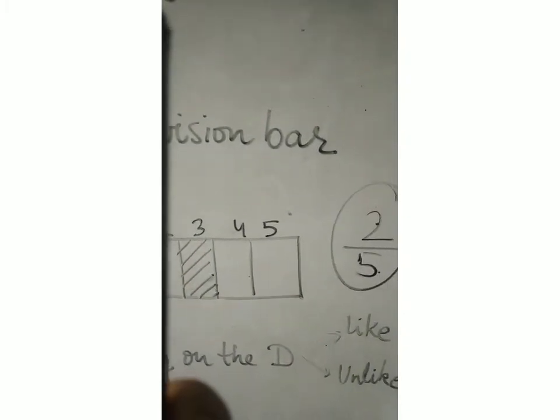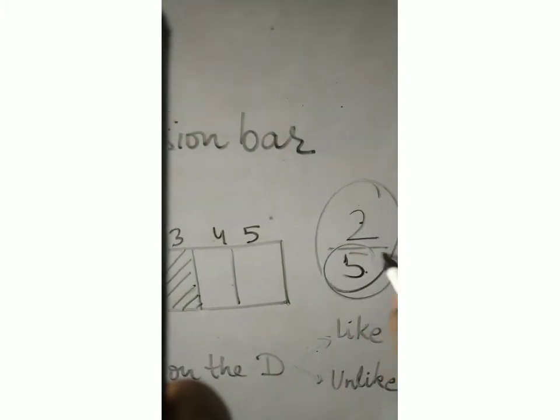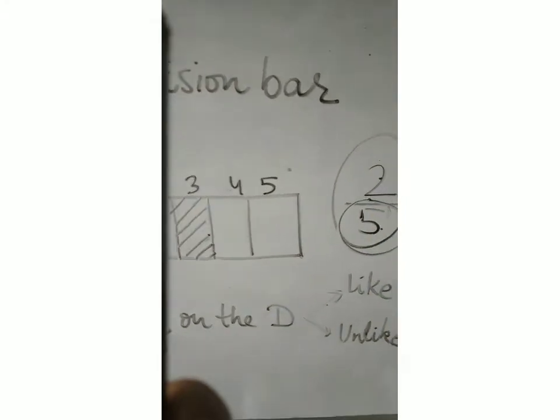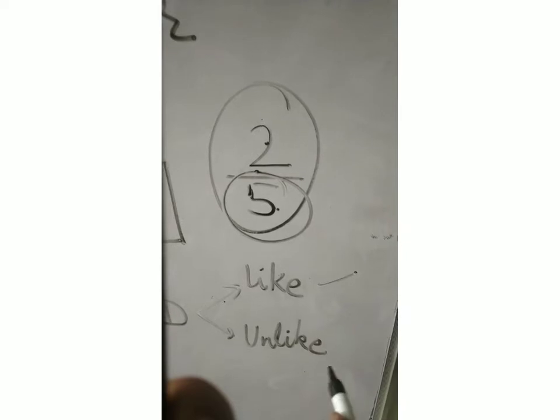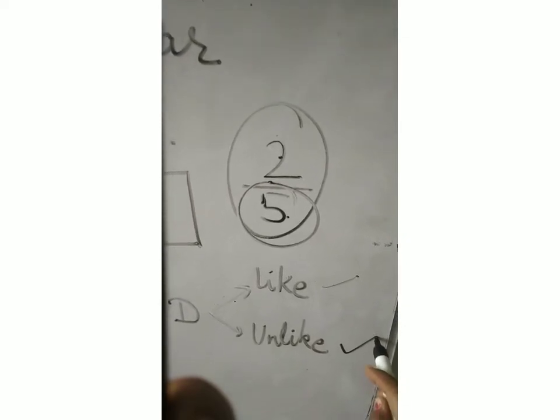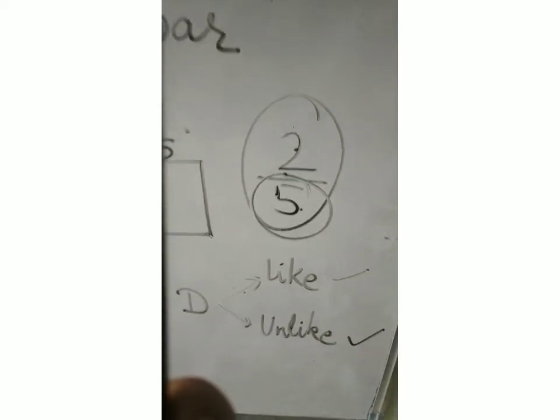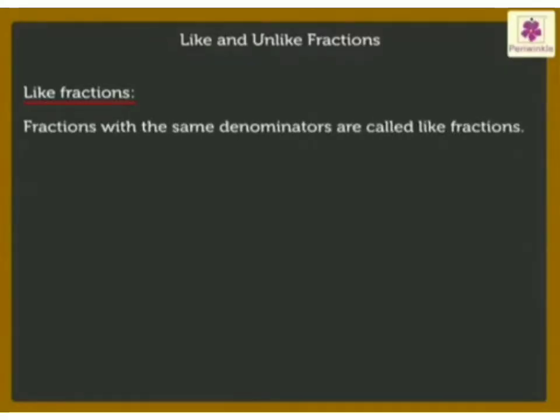So when 2 or more fractions are given, depending on the denominator, we divide them into 2 equal parts, that is like fractions and unlike fractions. So let's understand what are like and unlike fractions. Fractions with the same denominators are called like fractions.